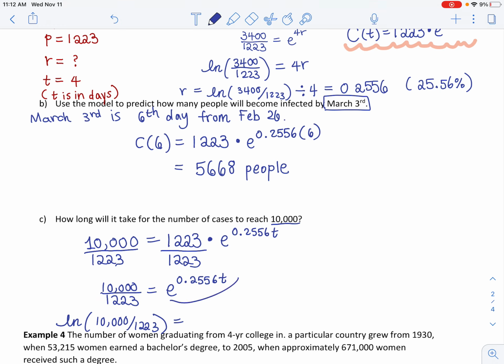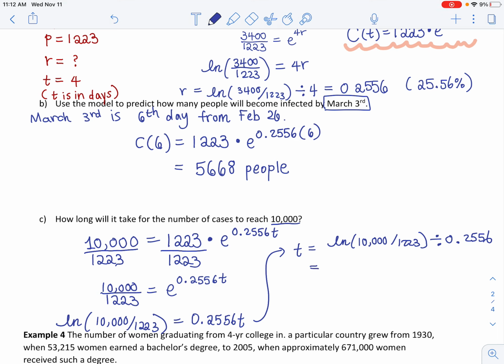You do know how this is going to go. If I take natural log of this side, you remember what happened. We're just going to have that 0.2556t coming down. So t must be, if I divide both sides by that decimal, natural log of 10,000 over 1223, divided by 0.2556.